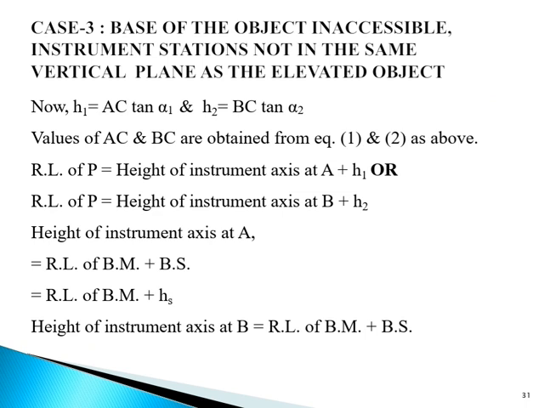The height of instrument axis at station A is equal to RL of benchmark plus BS, and we already know HS, so RL of BM plus HS. And the height of instrument axis at B is equal to RL of benchmark plus BS. So this is the required equation. These are mainly important for the sum or example purpose.